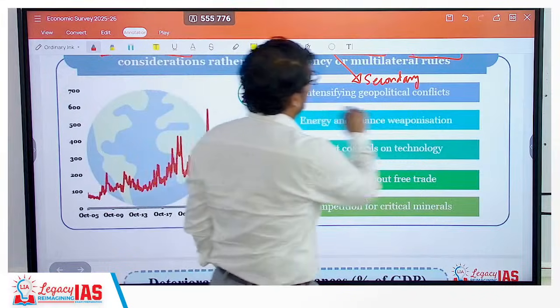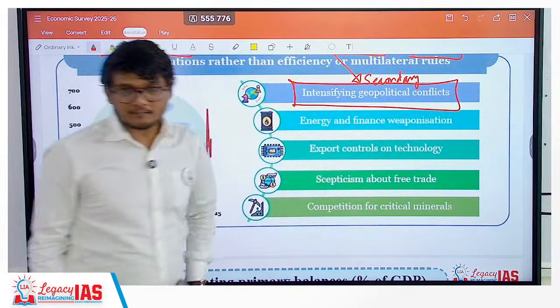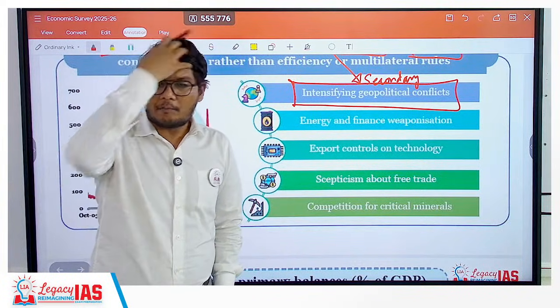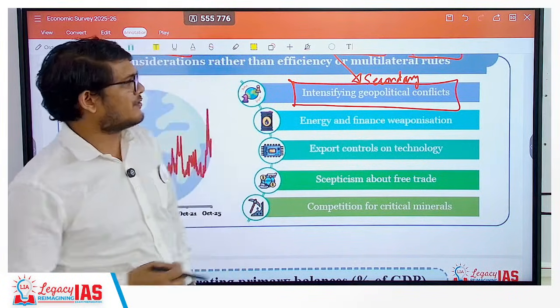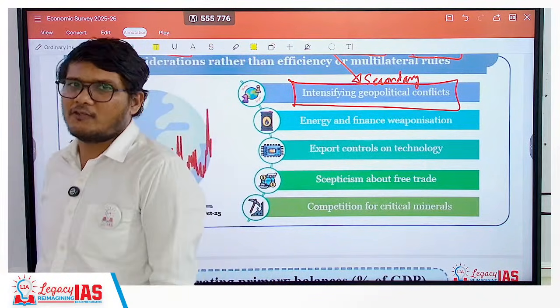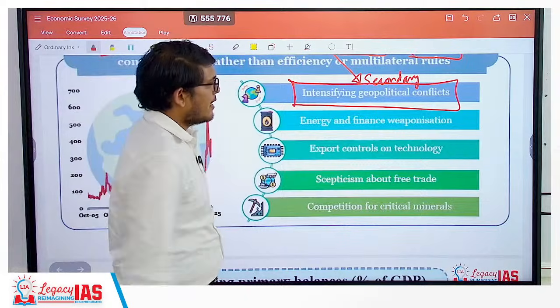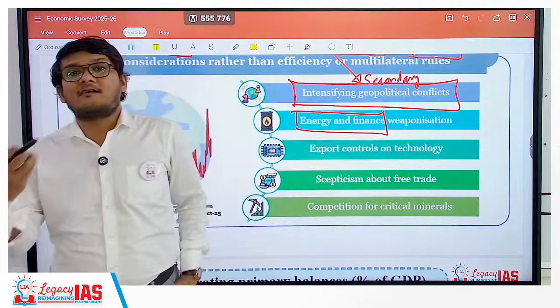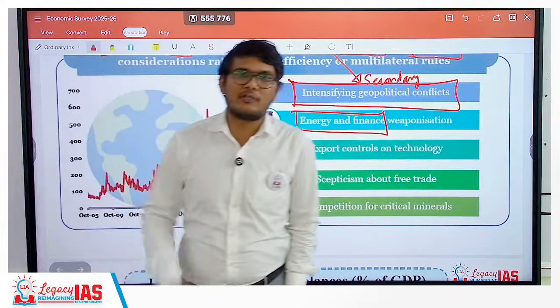Intensifying geopolitical conflicts are also taking place, right? So as I have told you in the beginning, the bombing or the firing of missiles by one country on another country, destroying each other's infrastructure, etc., that is intensifying. And energy and finance are being used as weapons. How can energy be used as weapons?